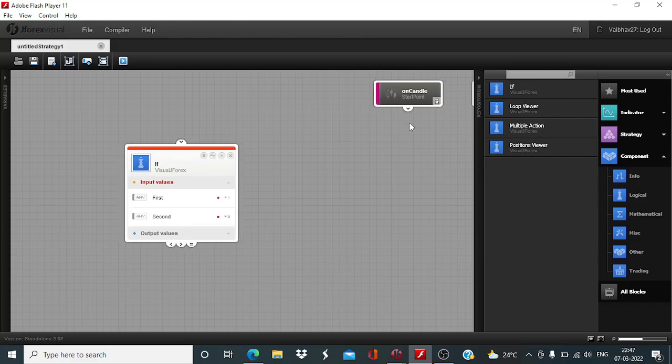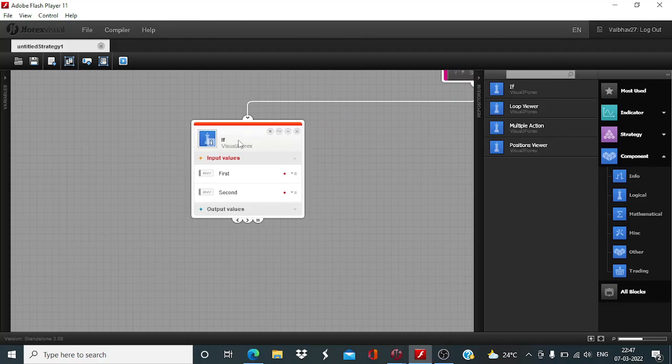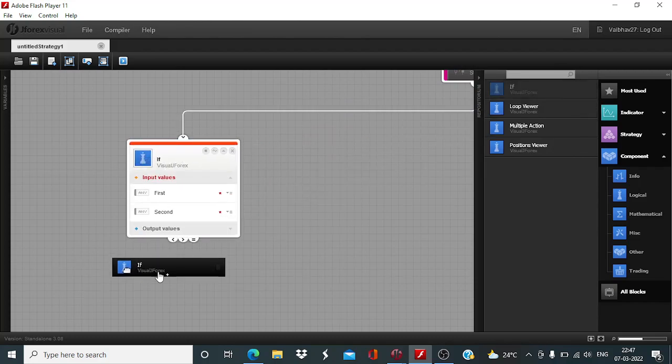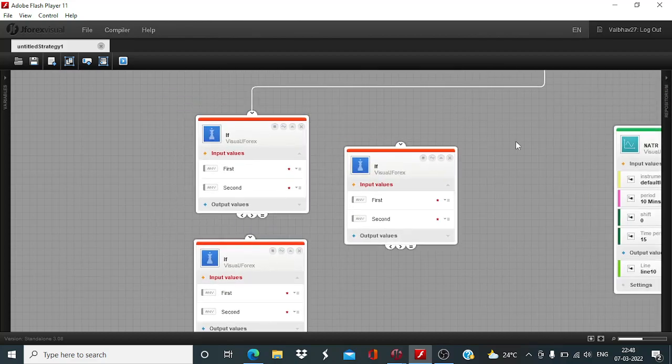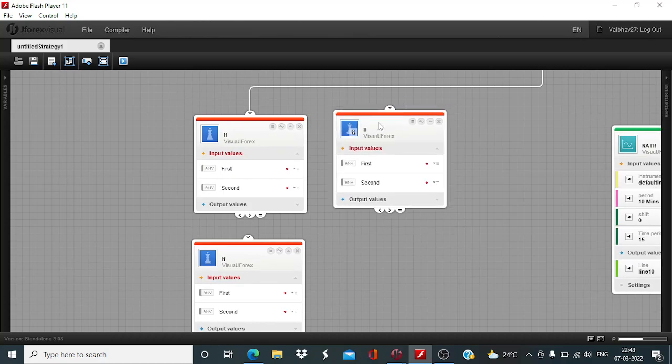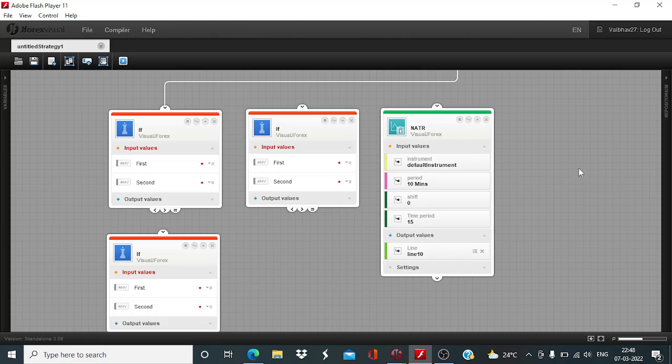We will be using the on candle as our start point, and to get the instrument subscription done, we are going to need 2 of these, followed by the position amount conditions. So for that, this third one is also going to be needed.